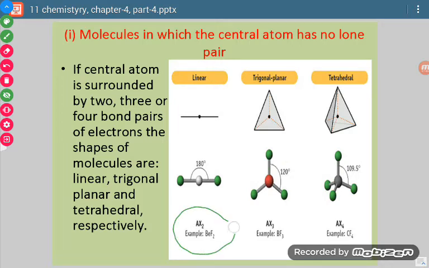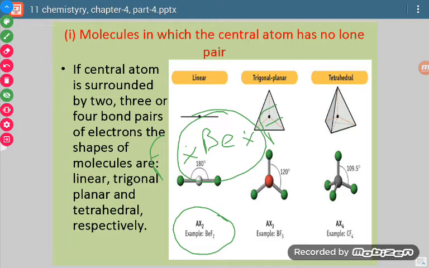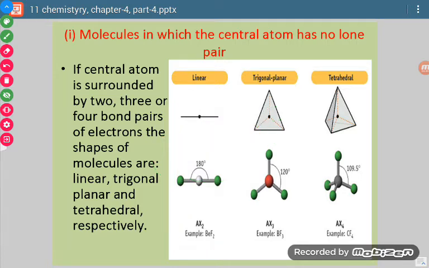So we have taken this example BeF2. If we talk about Be, then Be has 2 valence electrons like this, and F has 7 valence electrons. So there will be like this. This central atom is surrounded by 2 bond pairs, so it will have linear geometry.